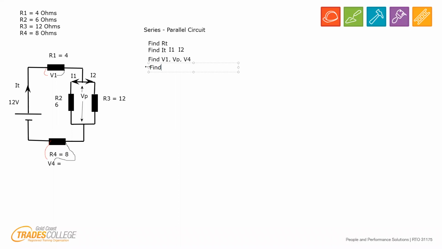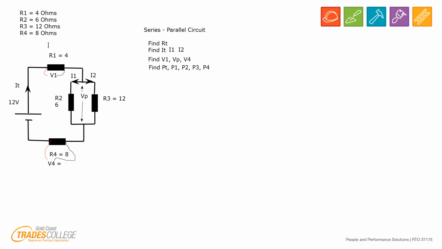All right, which brings us down to the last thing we need to find, which is the total amount of power consumed by the circuit, which is PT. All right, now how many loads do we have? We have 4, R1, R2, R3, and R4. So we're going to have 4 values. We're going to have a P1, a P2, a P3, a P4. All right.